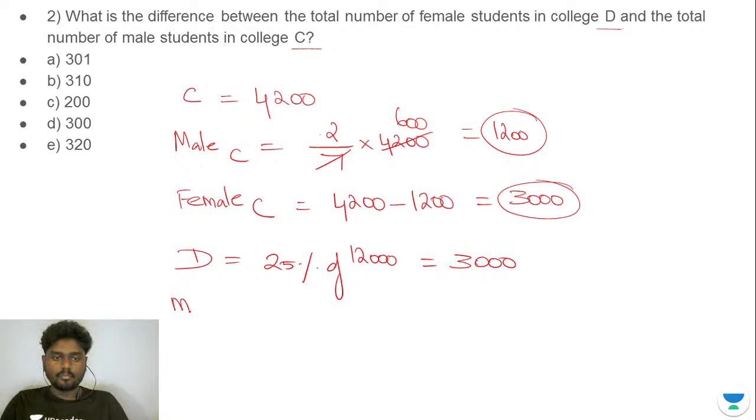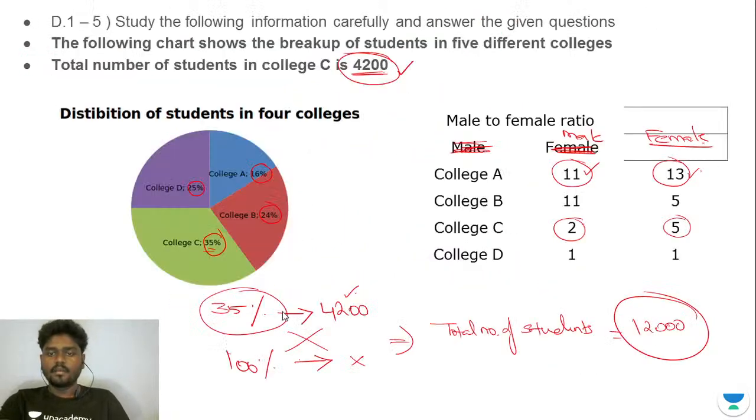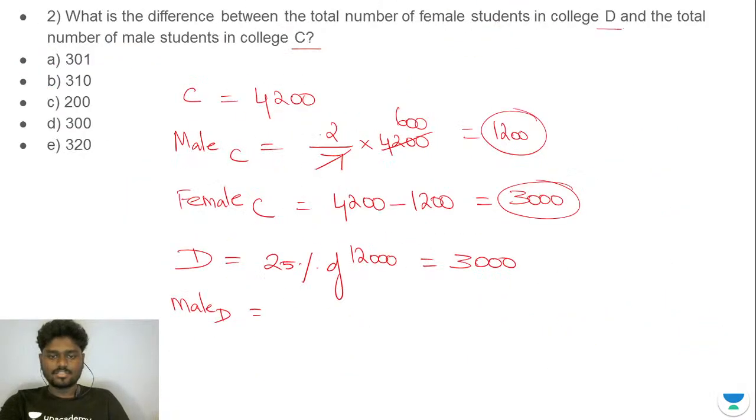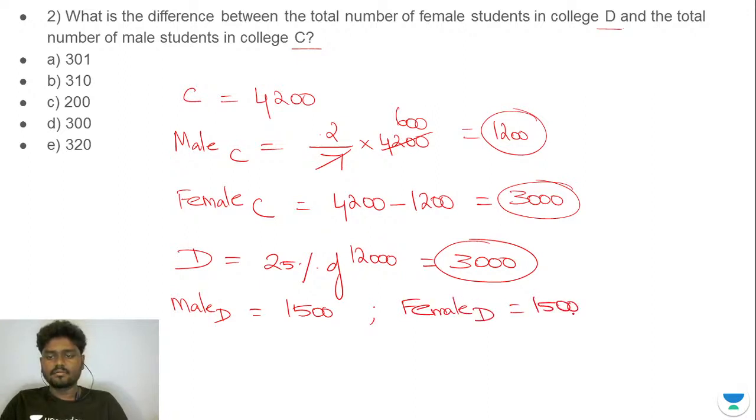And the number of males in college D, how much is it going to be? In college D, the ratio is 1:1, right? So if you have a total of 3,000 students, half, that is 1500, will be male, and the number of females in college D, the other half, is going to be 1500 again.